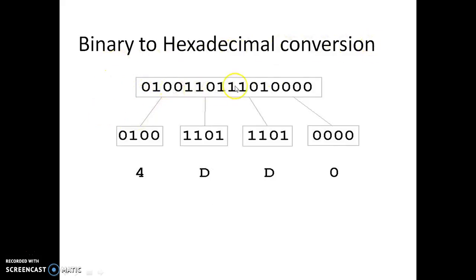The given binary number is to be divided into groups of 4, and each 4-bit group is to be given its hexadecimal equivalent, like 0000 means the equivalent is 0, 1101 binary equivalent is D. Similarly, 0100 is 4.